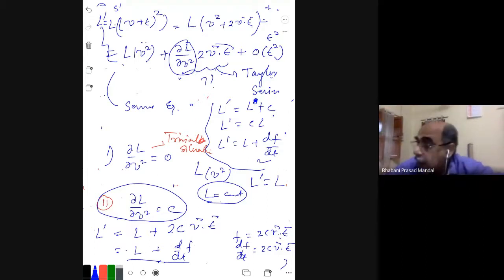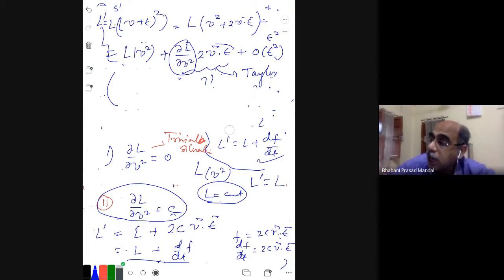So immediately I can say that the Lagrangian is a linear function of V square. Linear function means when you differentiate, the first derivative gives you a constant. So now I have an idea of my Lagrangian of a free particle.